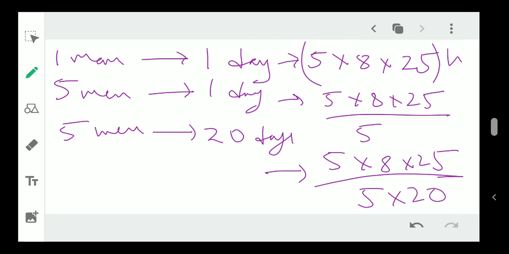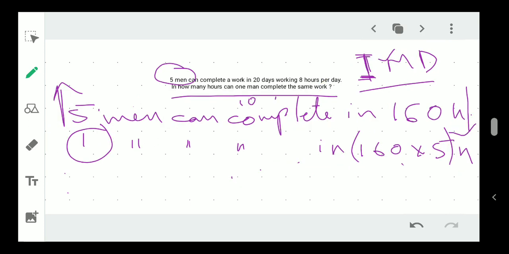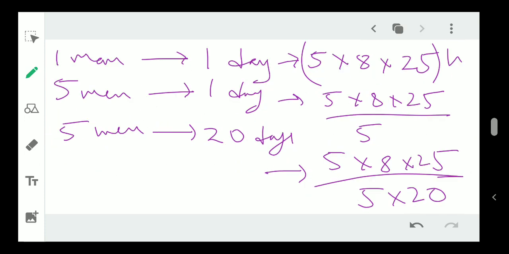So whenever I'm coming from 1 to something, I have to divide, and if I am coming to 1 from something, then I have to multiply in case of IMD. So for 2 terms it is very easy, but for 3 terms we have this kind of step, one by one we have to come.